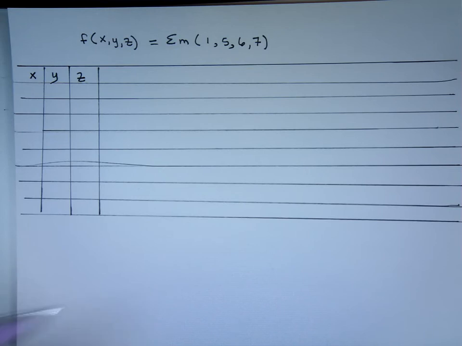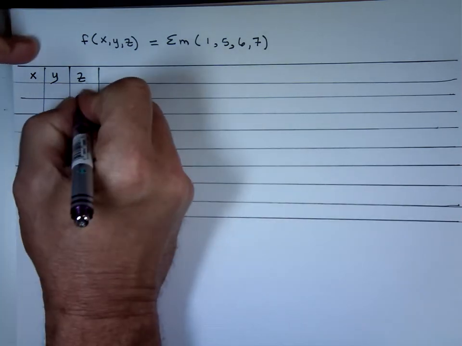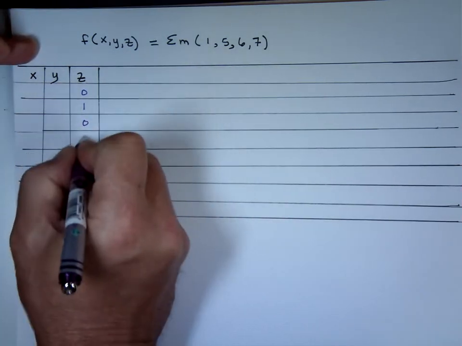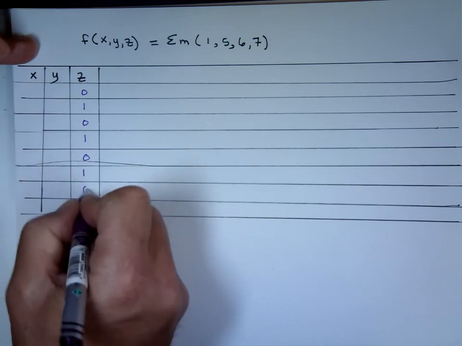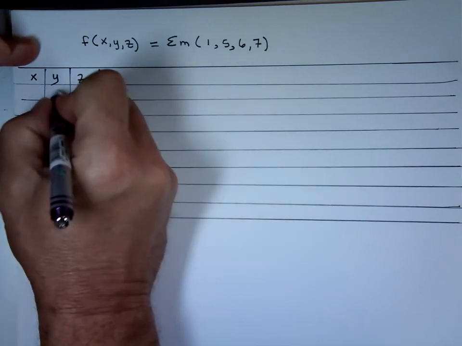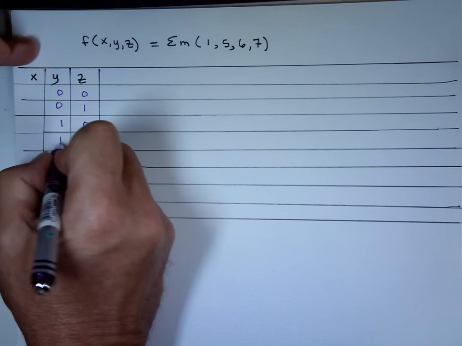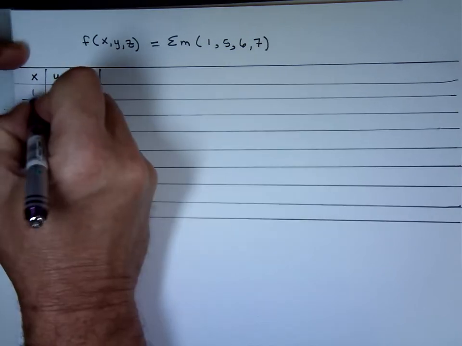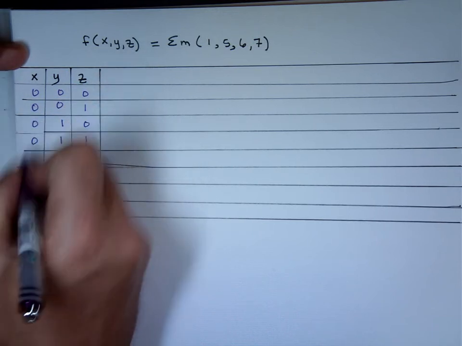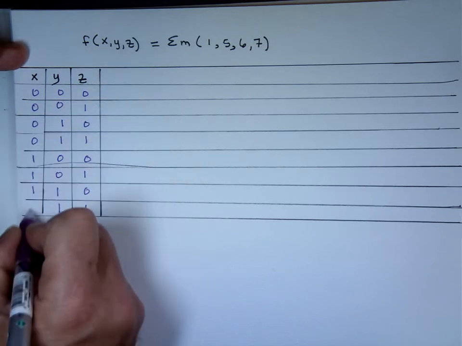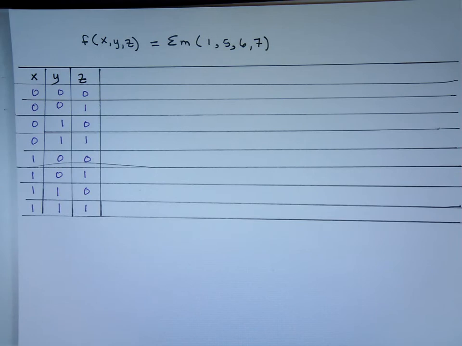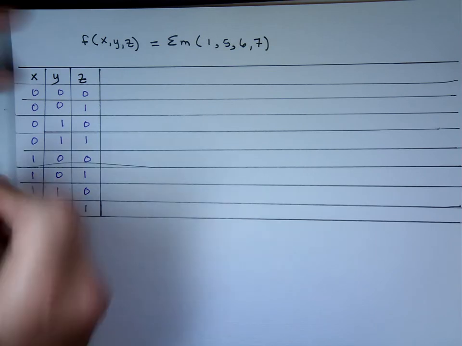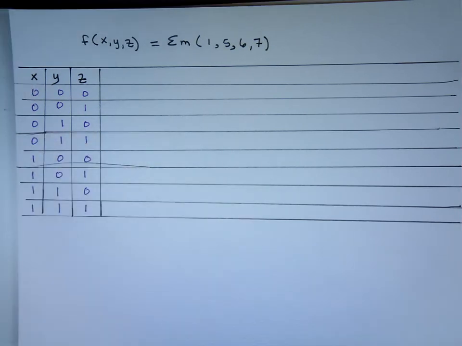So the choices are to list all the possibilities. 0, 1, 0, 1, 0, 1, 0, 1. 0, 0, 1, 1, 0, 0, 1, 1. 4 zeros and 4 ones. That covers all the possibilities for x, y, and z. There are no other choices.